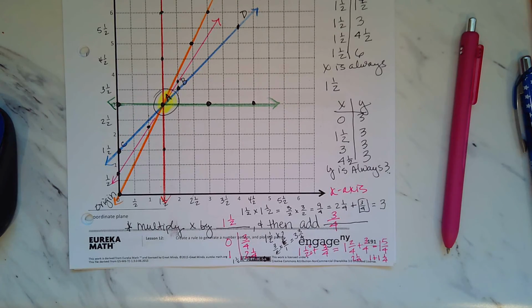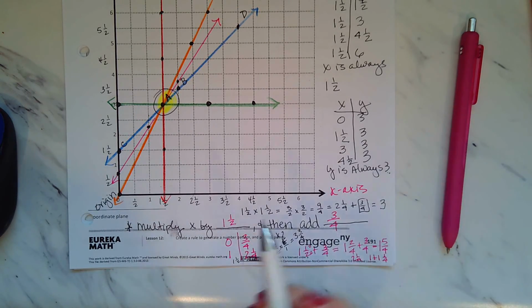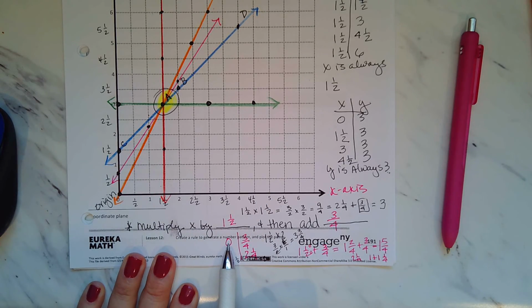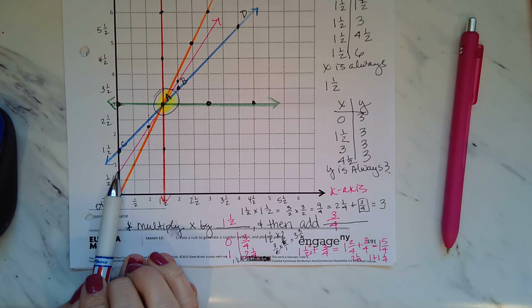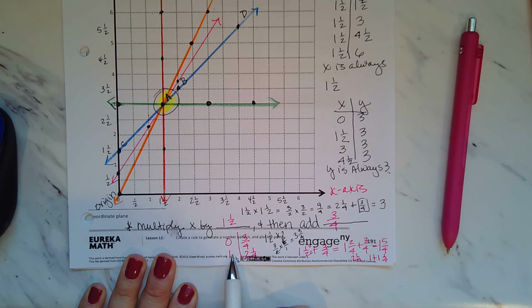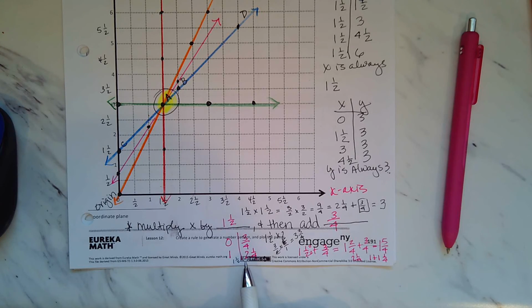All right, so what I did is I started with 0, and I went 0 times 1 1/2 is 0, plus 3/4 is 3/4. So 0 and 3/4. And then I thought, well, okay, let's try 1. So 1 times 1 1/2, then add 3/4 gives me 2 1/4.